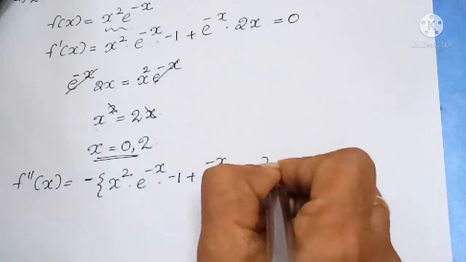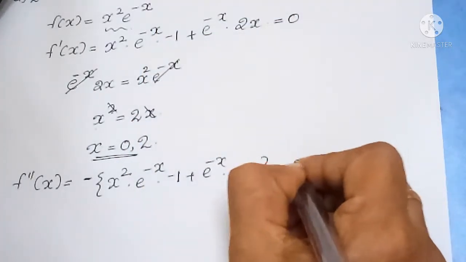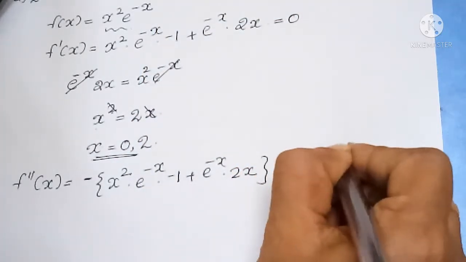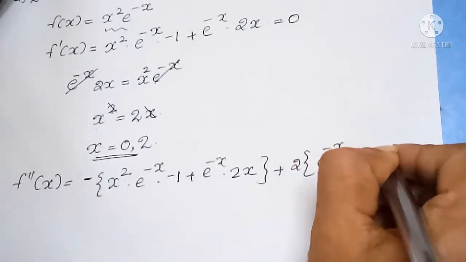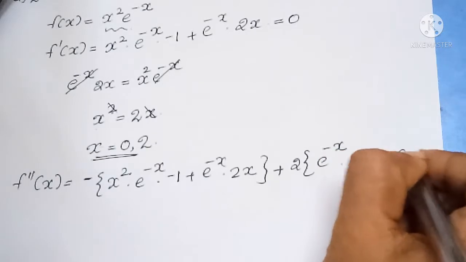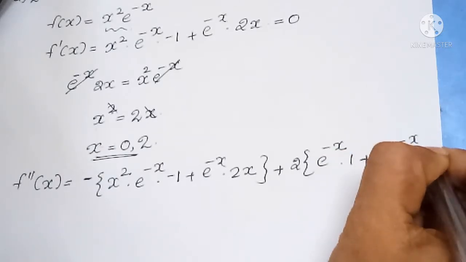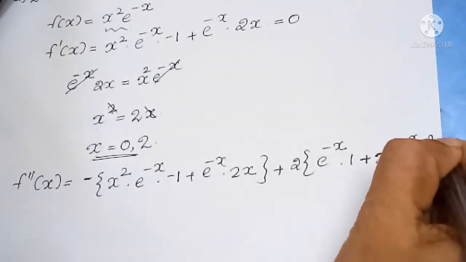Close the bracket, plus also here we have two terms, 2 outside: first term into derivative of second plus second term into derivative of first, e raised to minus x into minus 1.